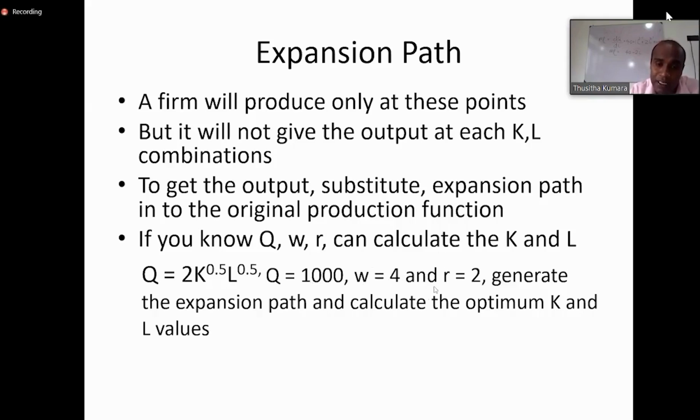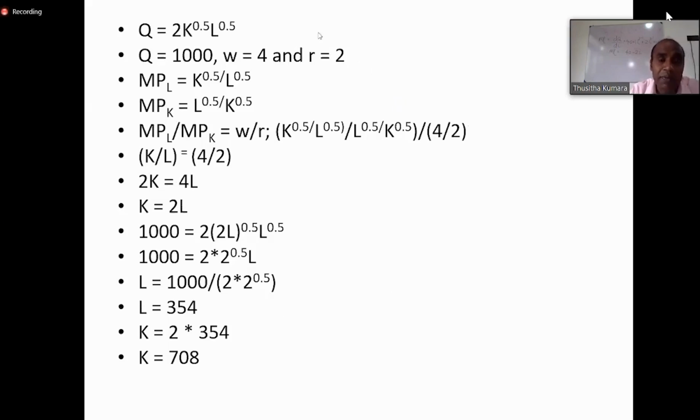Take that expansion path and plug it here. Let's say we got L in terms of K, then instead of L, you can put the K from the expansion path and solve this. Q is also known, 1000. So when we solve, you will get the value of K. So I have done it here.